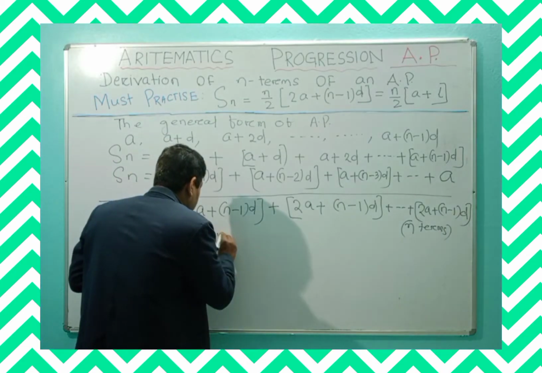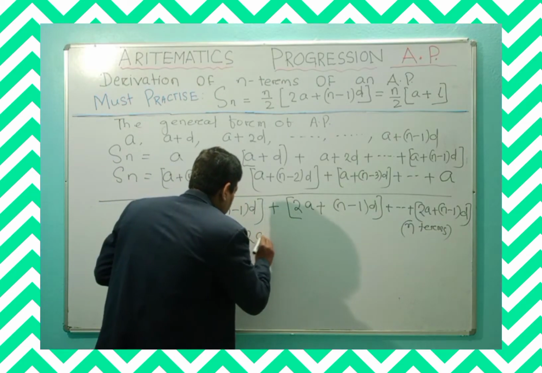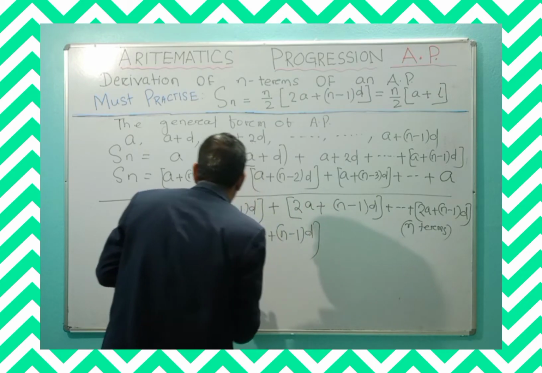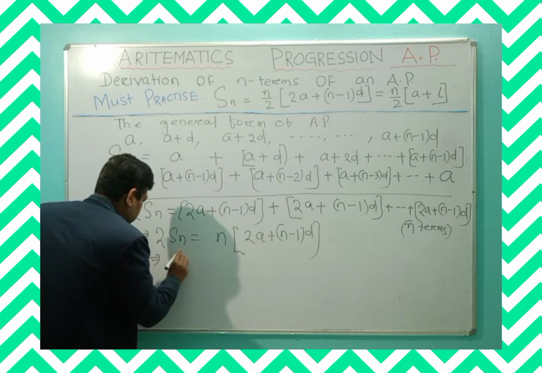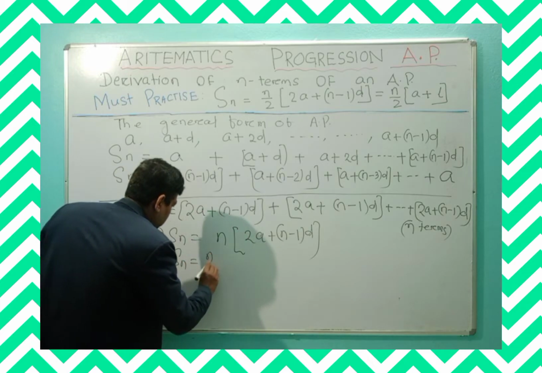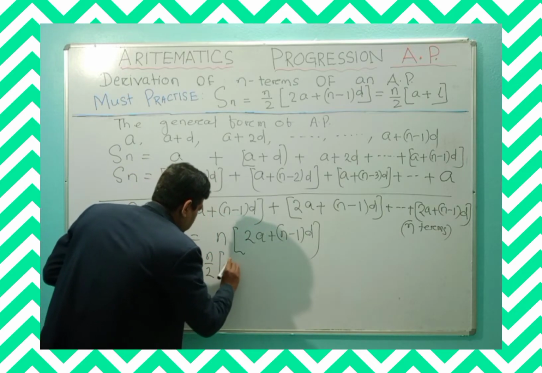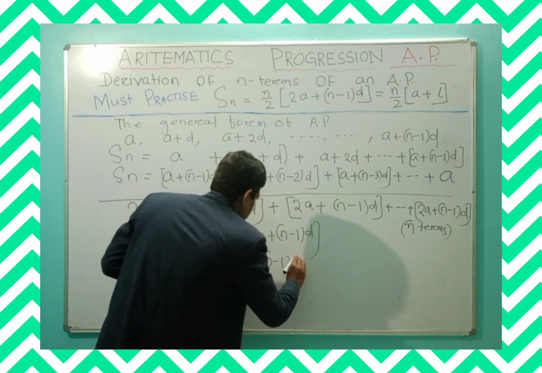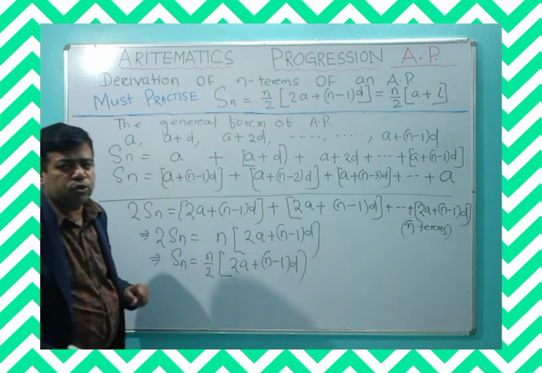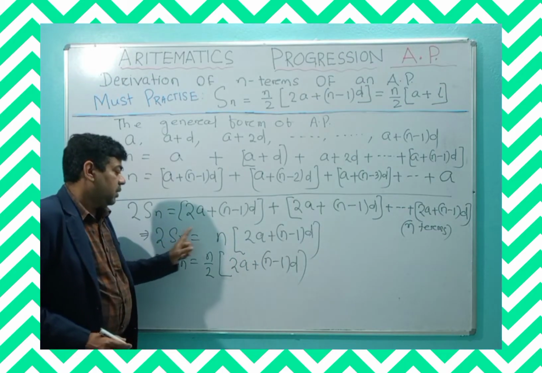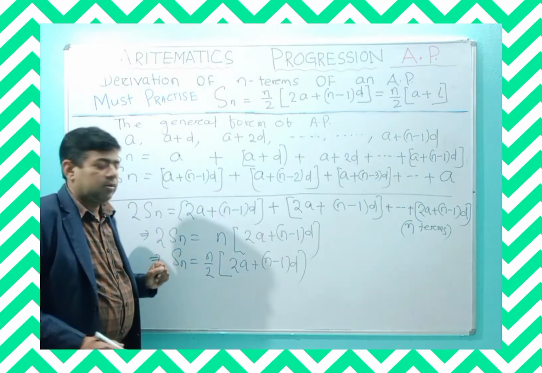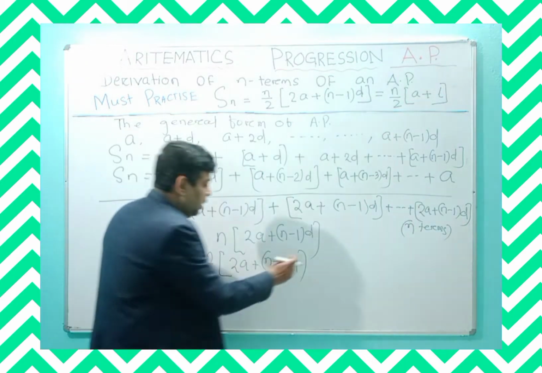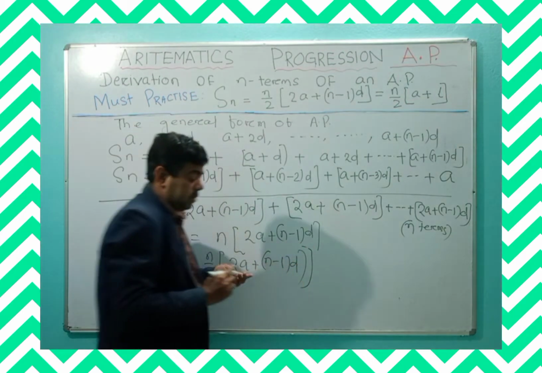We can write n whole into 2a plus n minus 1 into d. So 2Sn is equal to n whole into 2a plus n minus 1 into d, and here 2 has been transposed, so Sn is equal to n by 2 whole into 2a plus n minus 1 into d, and this is the required sum.